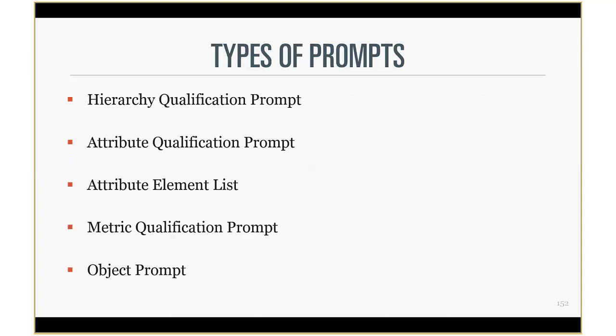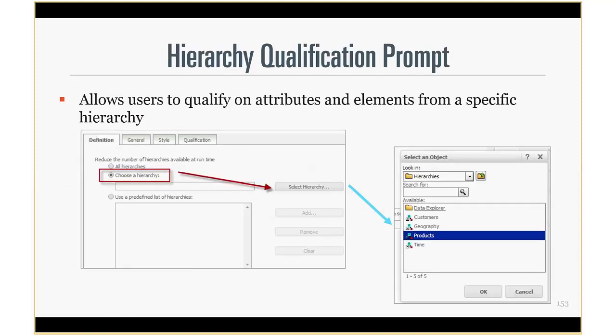Now, there are different types of prompts. I would not spend too much time on this because it gets more into advanced reporting, but just for understanding what the different types of prompts are, let me quickly touch base on these. A hierarchy qualification prompt is where you can define a prompt where the user can choose a specific hierarchy.